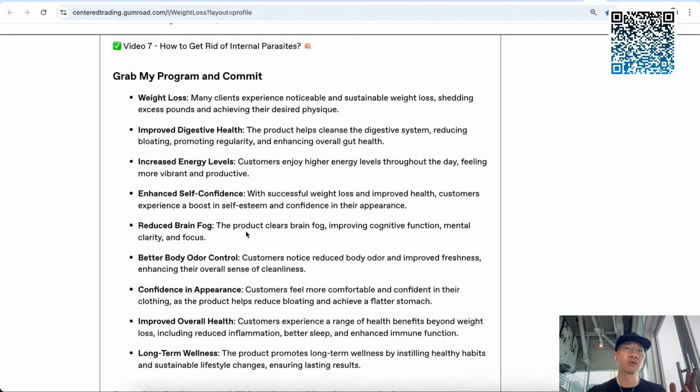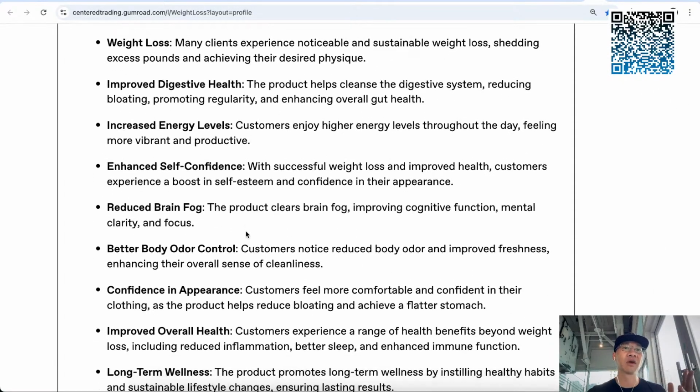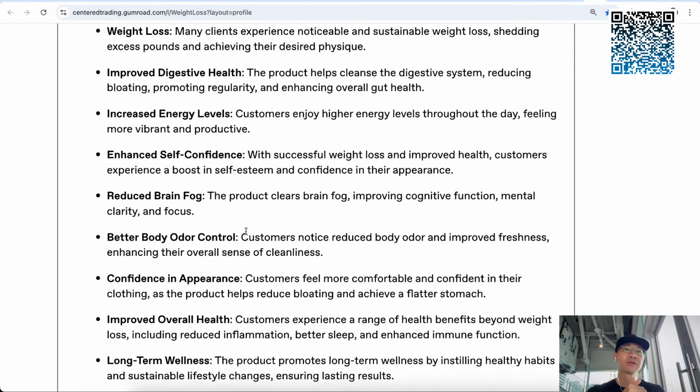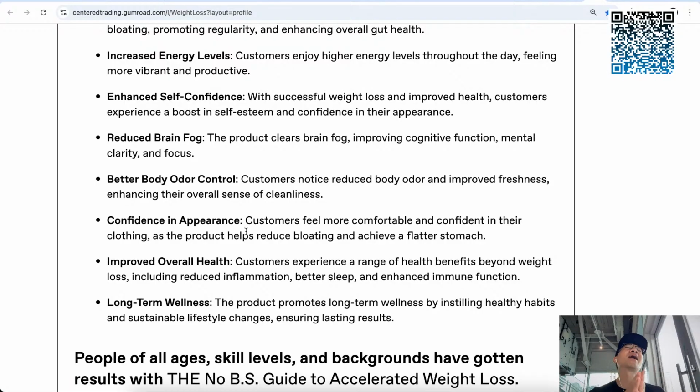If you're interested in weight loss, improving digestive health, increasing energy levels, enhancing your self-confidence, reducing your brain fog, or better body odor control, oh my goodness, this is huge. Guys, many of you are absolutely disgusting with how you smell, and you don't even know because you're around yourself all the time.